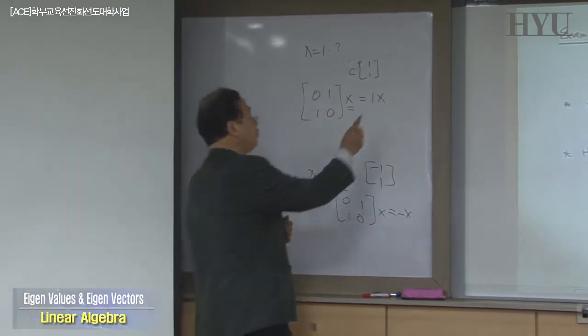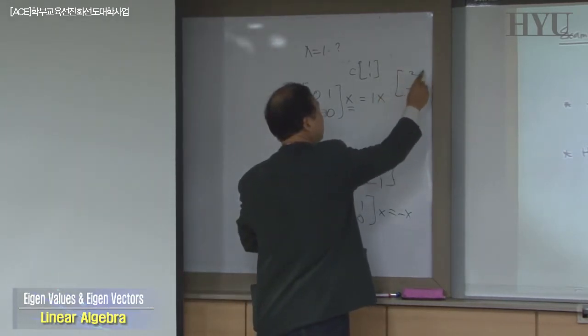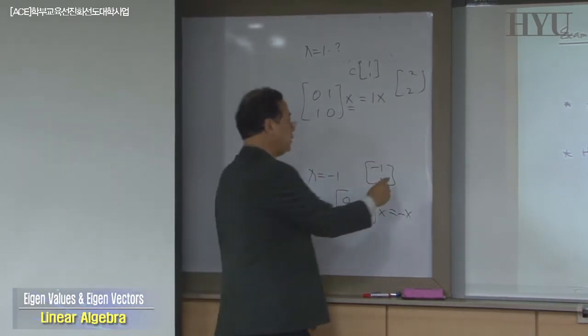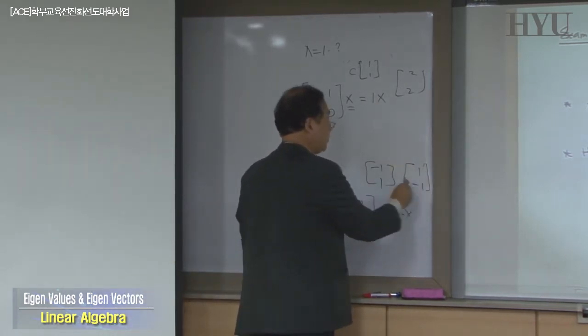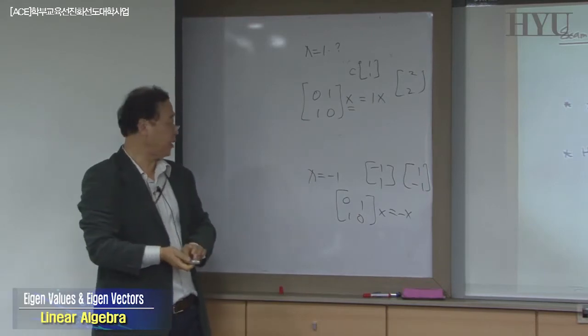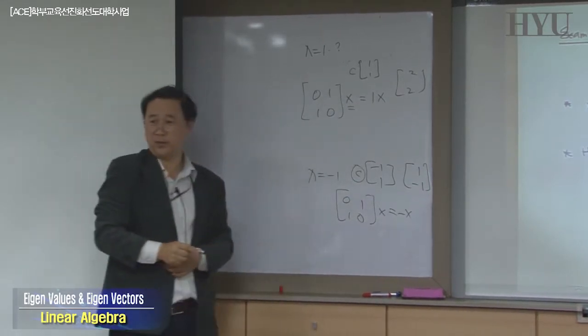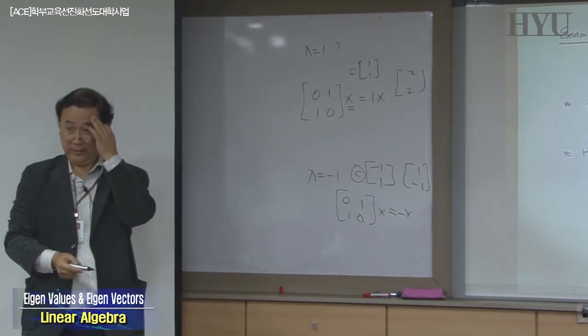Let's say 2 is fine, right? Also here, [1, -1] is also okay, right? So when you have an eigenvector and multiply by whatever constant coefficient, it also satisfies it, right?